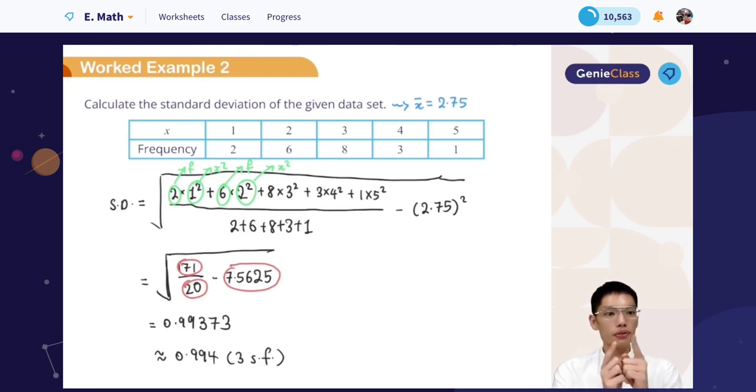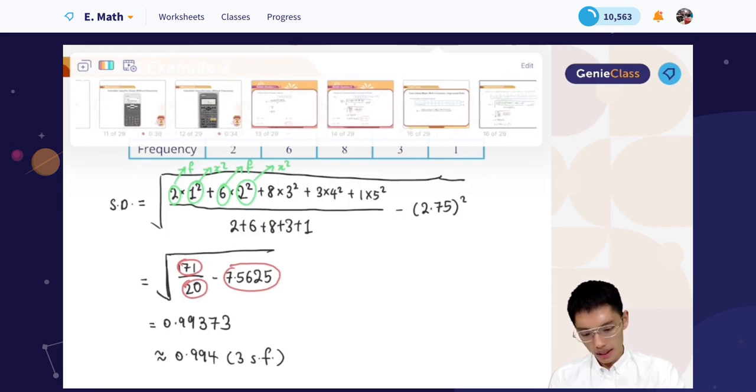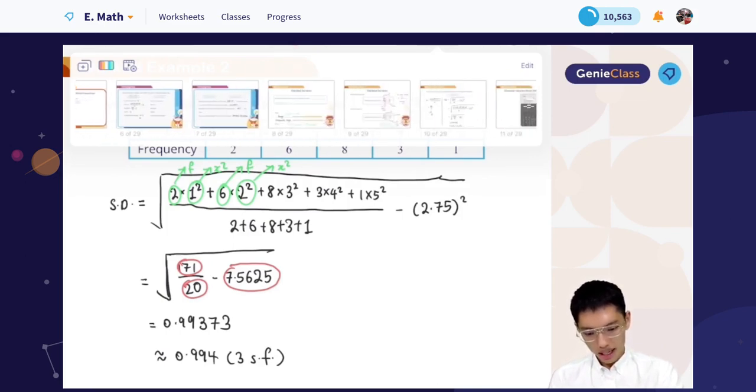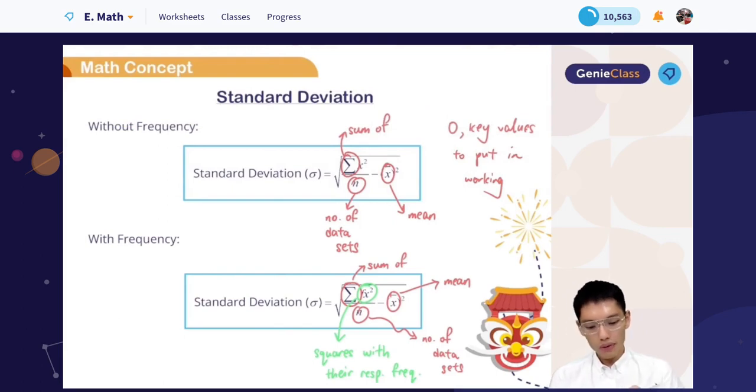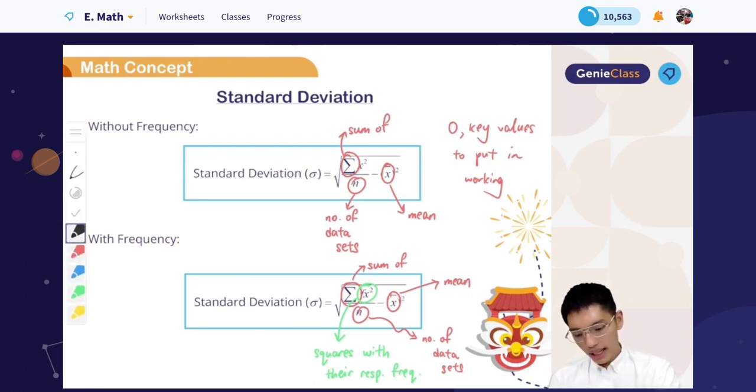Take note, Ryan, when we take note of the formula for standard deviation, recall what I said just now? We refer to the standard deviation with frequency. Did I square my frequency for this formula over here? Is there f squared? Yep, there's no f squared. So you realize over here, only x is squared. If I were to square the f, it will be written as sum of f squared and x squared. Yes, that's right. Okay, so just take note over there.